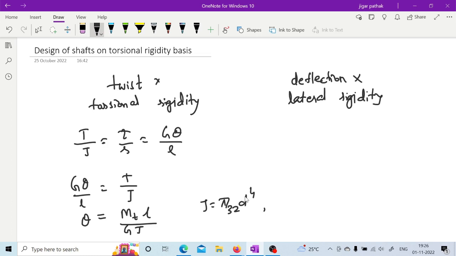One more thing you need to do is convert it into degrees, because it is actually in radians.